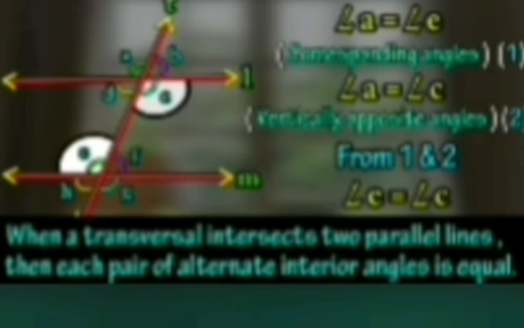Here in the diagram, you can find different pairs of angles. Corresponding angles are equal. These pairs are equal, which I am going to name corresponding angles. Alternate interior angles are equal to each other. Vertically opposite angles are equal to each other, and co-interior angles are not equal to each other.